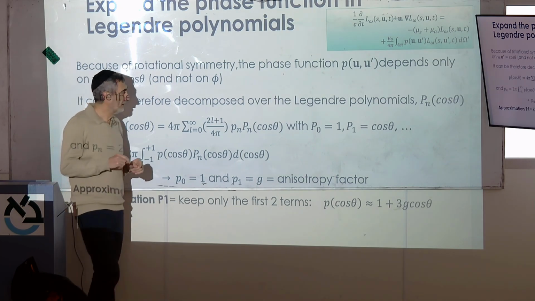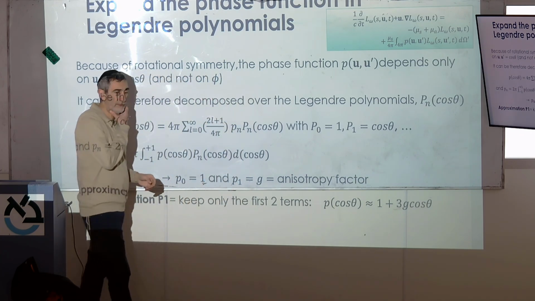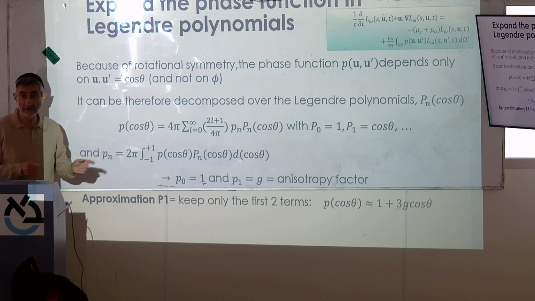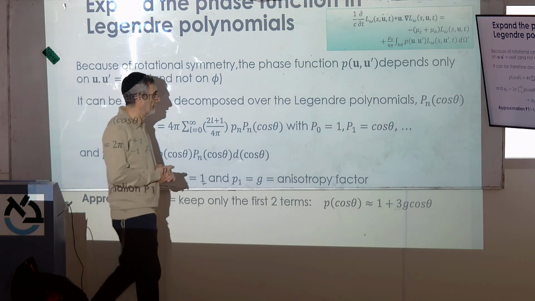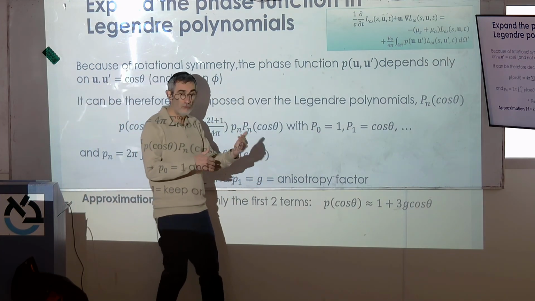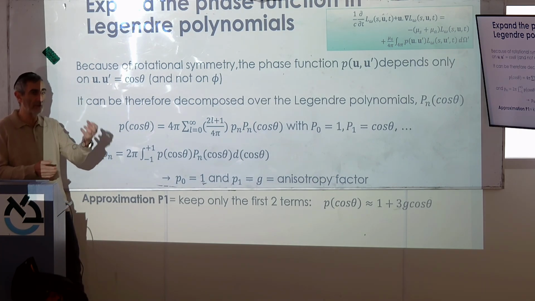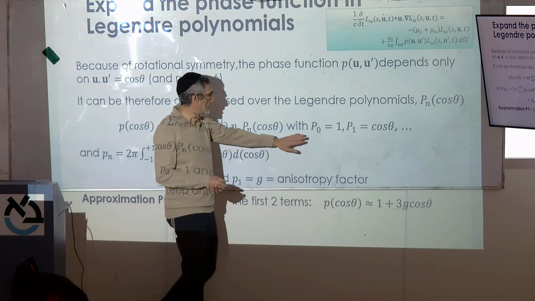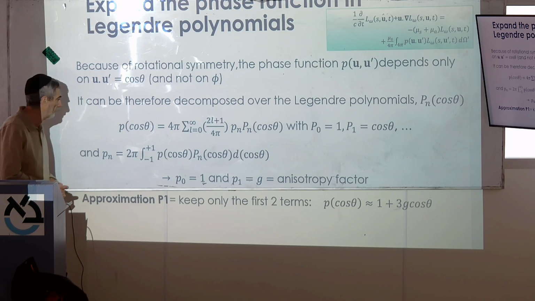Then you look for the function that will be orthogonal to this one, which gives you cosine theta, because there is a negative part and a positive part that cancel the first. That's how you calculate them: each new one has to be orthogonal to the others between minus 1 and plus 1. Let's consider only the first two terms, P0 equals 1 and P1 equals cos theta.